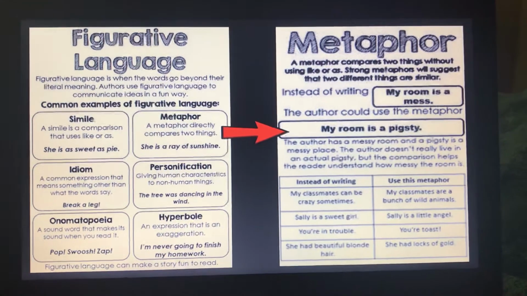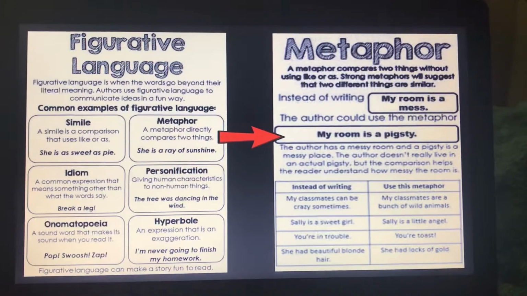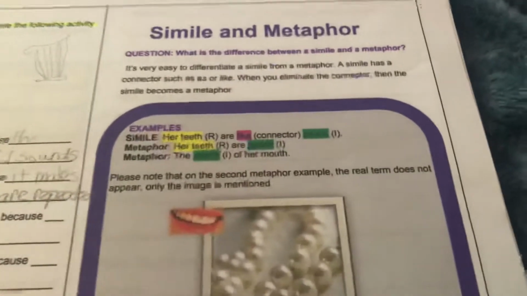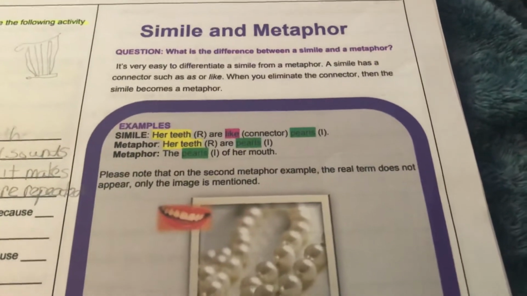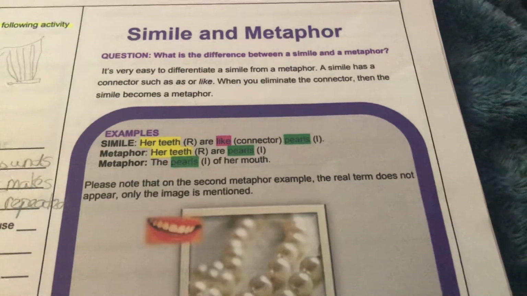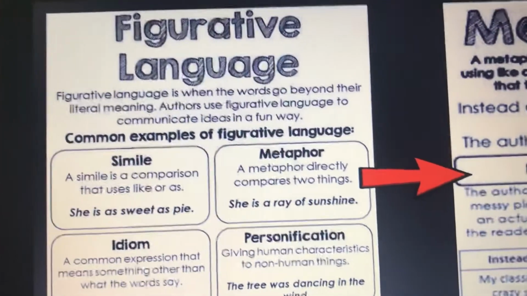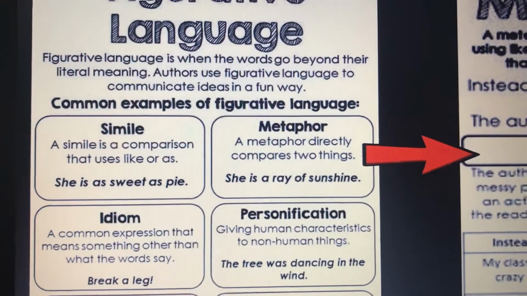Okay, so I'm back with your Friday worksheet in your packet. And today we're actually going to be comparing similes and metaphors. So you should really have a good understanding of what each one is, right? I'm going to zoom in on your similes and your metaphors right here.